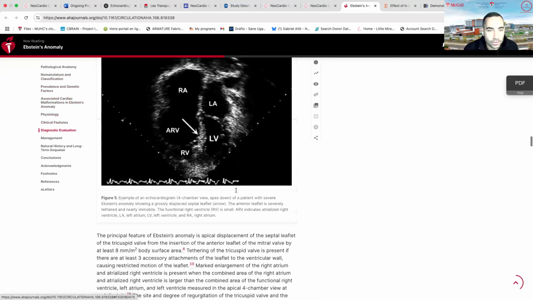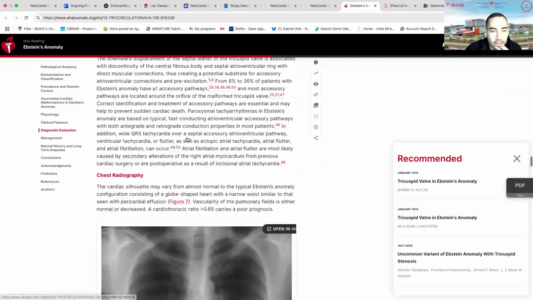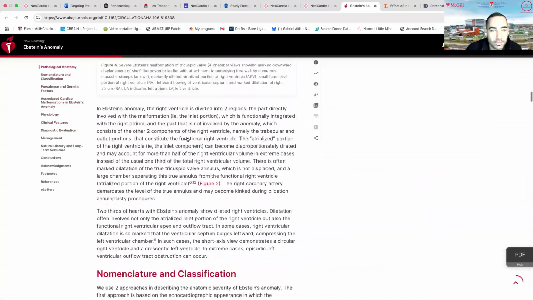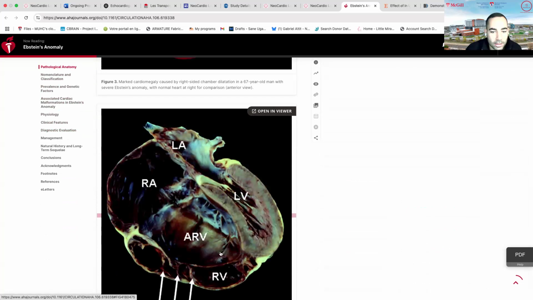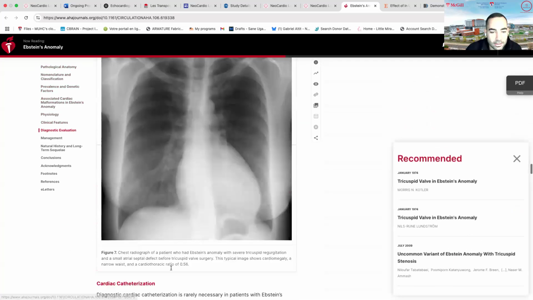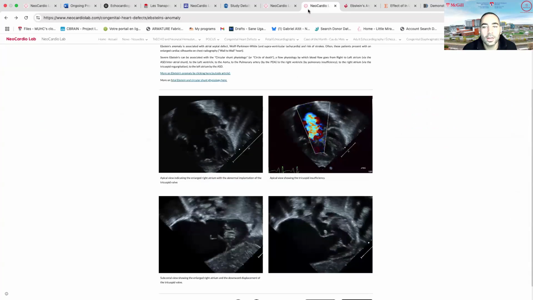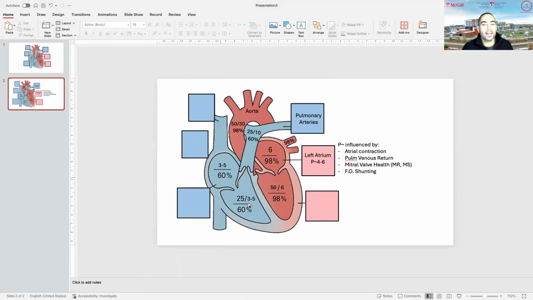Yeah, there are a lot of resources when you see the very low implantation of the tricuspid valve and the atrialization of the RV, that's what ARV means, the atrialization of the right ventricle. So your RV becomes less, the capacitance is diminished. Okay, it's not here. So I'm going to use this diagram.